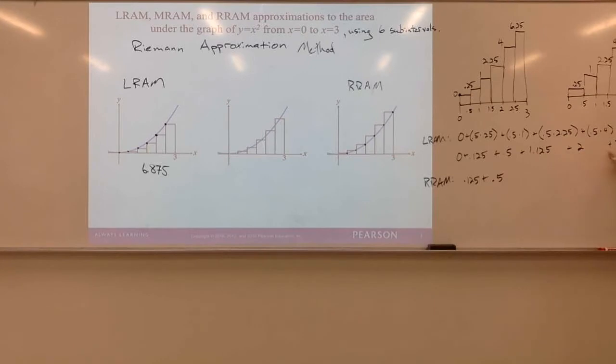And the rest will continue to be the same: this will be 1.125, this will be 2, this will be 3.125. And the last one is 0.5 times 9, which would be 4.5.